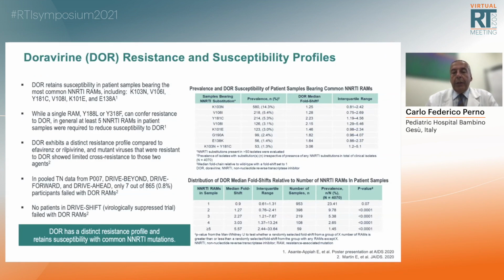You can see that the mutations that occur during therapy with doravirine are different from the classical ones, but more important, doravirine remains active even in the presence of the classical mutations that occur when the virus has become resistant against the classical NNRTI.